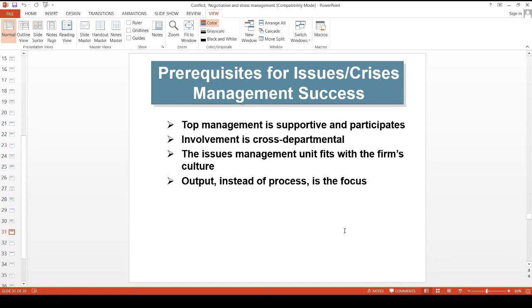The issue management unit fits with the firm's culture. Now again, whatever the unit is, in order to resolve the issues, they should always keep in mind the firm's overall culture, and especially that is important when you hire a third party consultant who is going to resolve the conflict between the different parties.